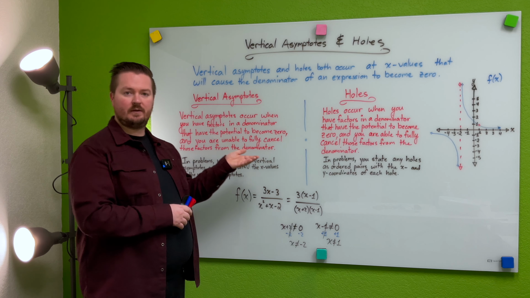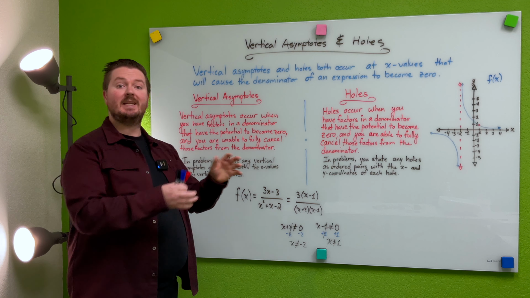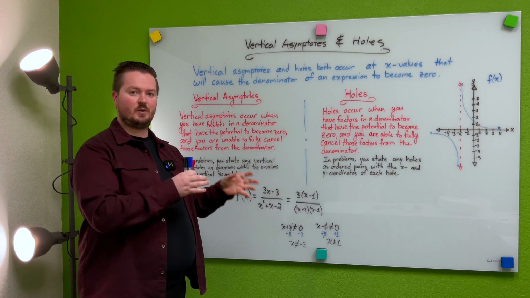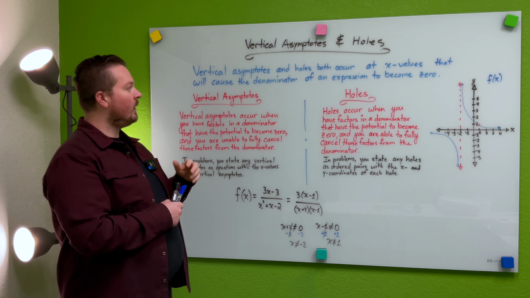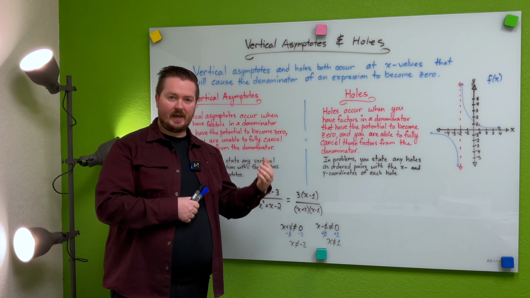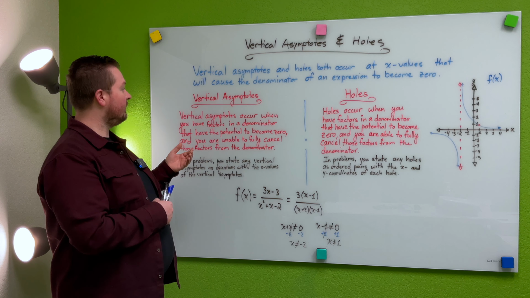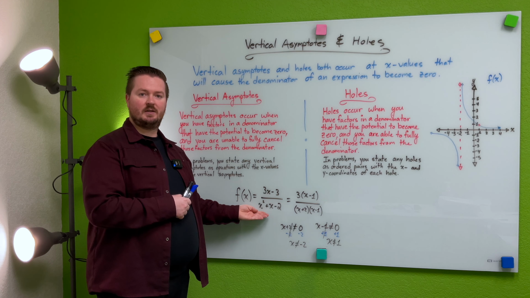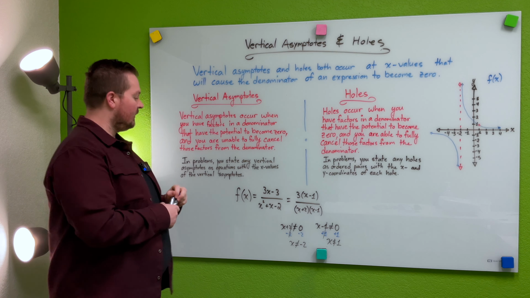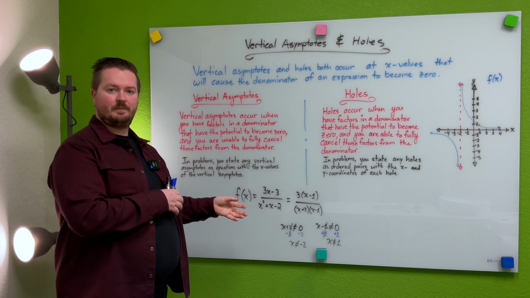Now, let's quickly revisit the beginning of the definition for vertical asymptotes and holes. Vertical asymptotes and holes both occur at x values that have the potential to cause the denominator of this expression to become 0. So let's dive into this more deeply.